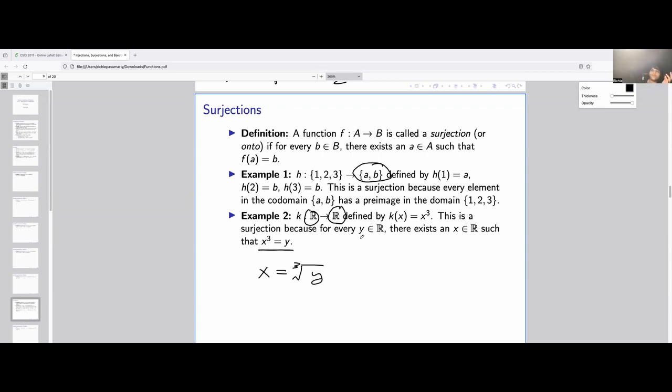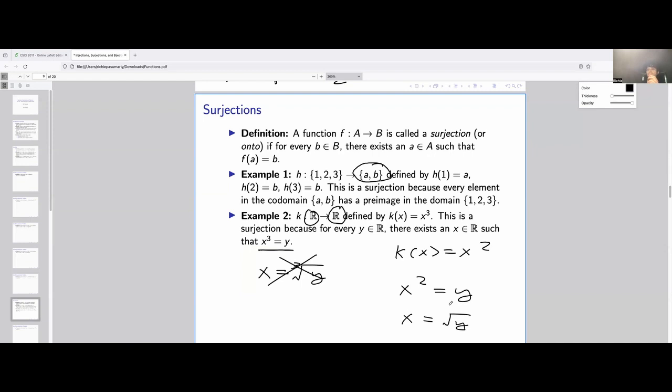Now, one question you might have for me: let's say I have some function k of x, but this time the equation is x squared. So x squared is equal to y, right? I pick some y value and I want to find x which maps to it. So can I just say that x is equal to the square root of y?